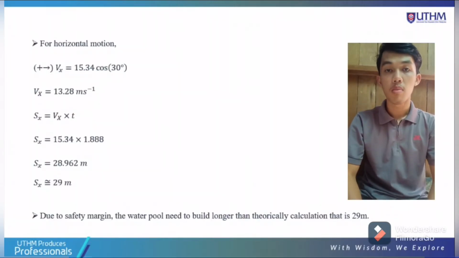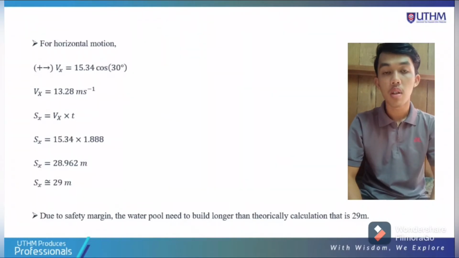For horizontal motion, Vx equals 15.34 cos 30 degrees, and the answer for Vx is 30.28 meters per second.